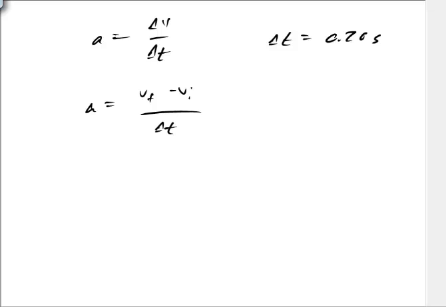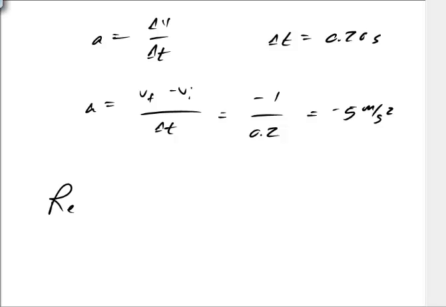It's the same concept, and the change in velocity is the same. It's just the time that's changed from 0.01 to 0.2. So negative 1 over 0.2 gives us a negative 5 meters per second squared acceleration. This is a much smaller force because it's a much smaller acceleration.